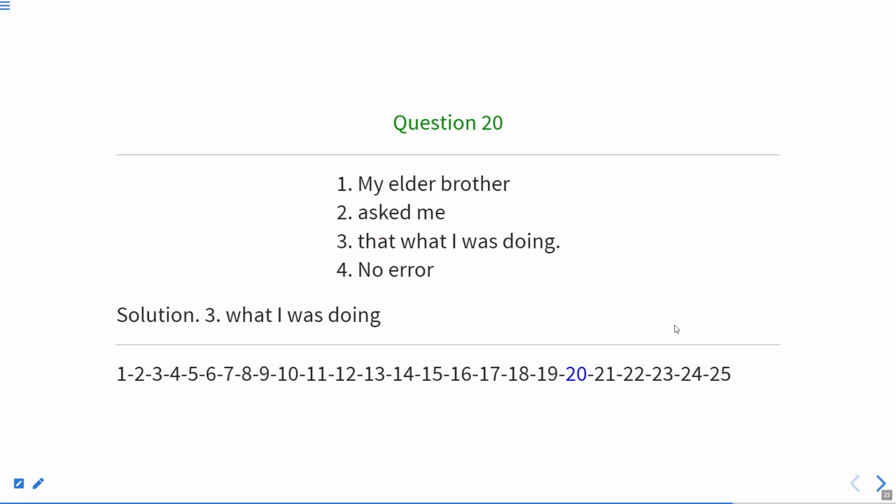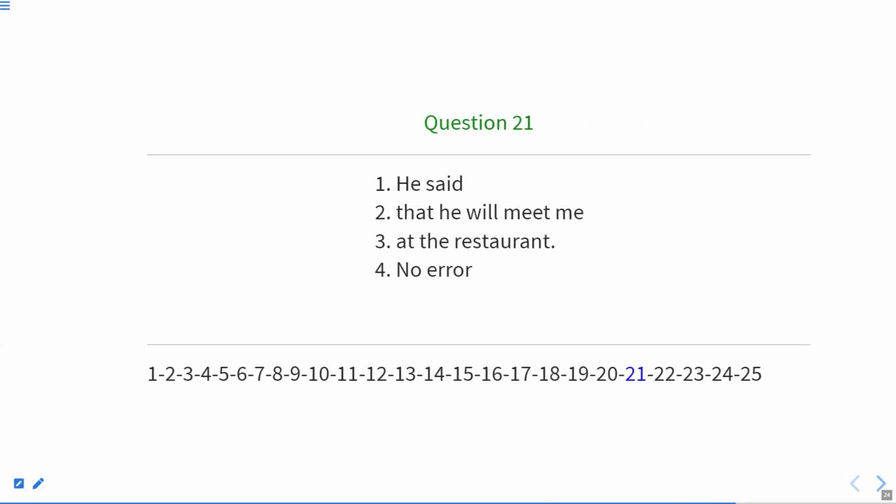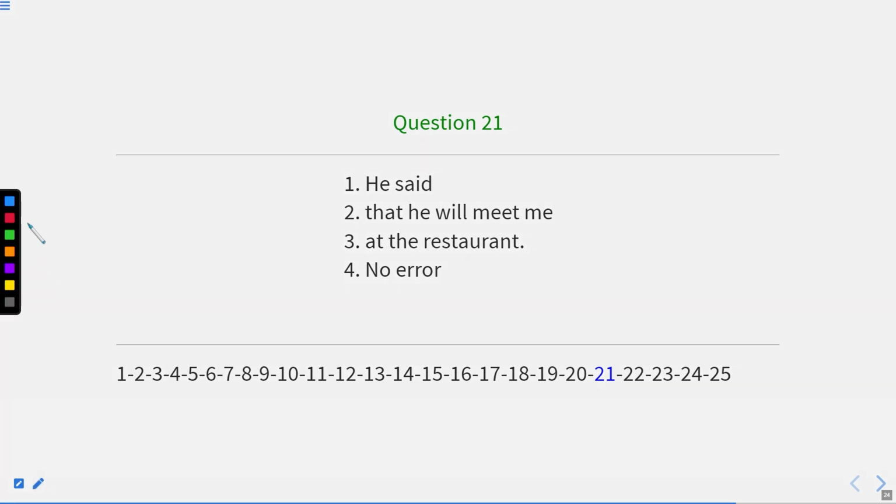Now let us move to question number 21. He said that he will meet me at the restaurant. He said represents that the sentence is in past tense. Now when we convert a direct sentence into indirect speech, there are a few rules that we should follow. First of all, the modals or the verbs convert into their past.